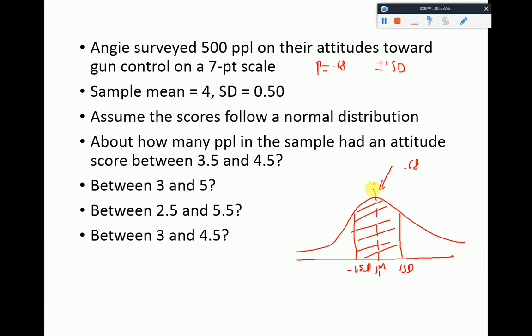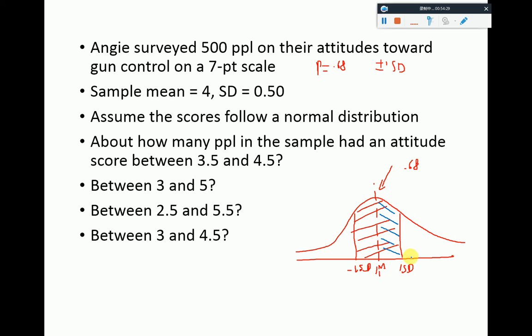Okay, so if this normal distribution is symmetrical around the center line, that is around the mean, what is the area of this part, just between the mean and 1 standard deviation above it?